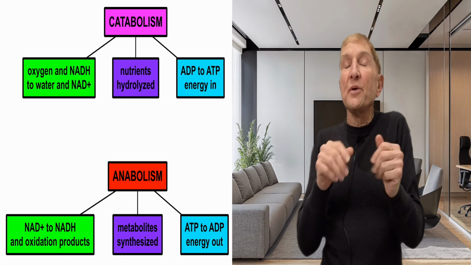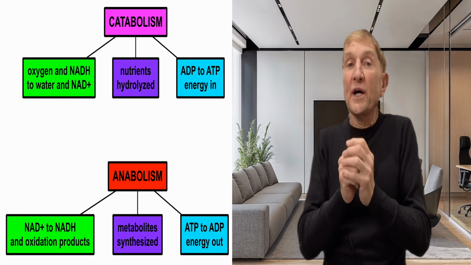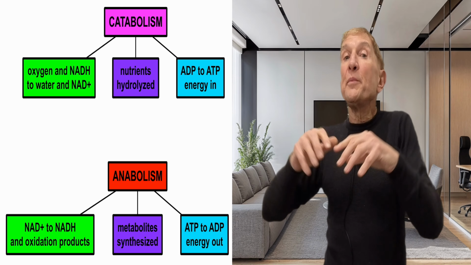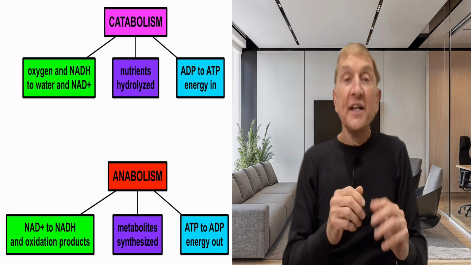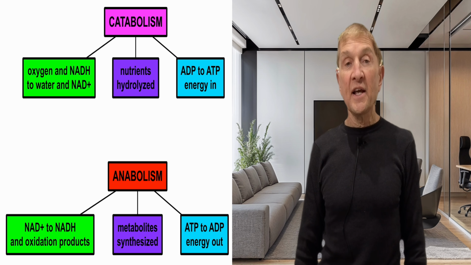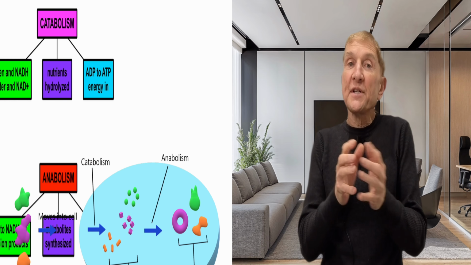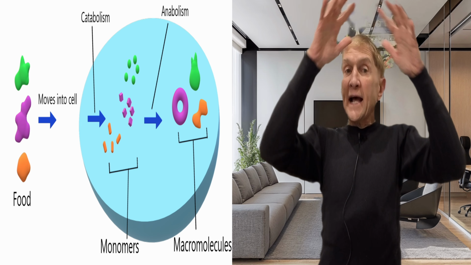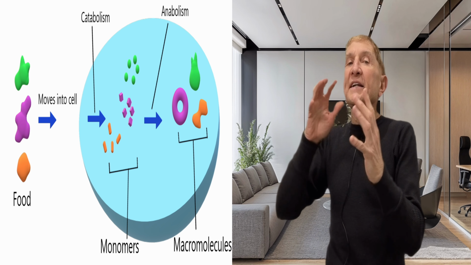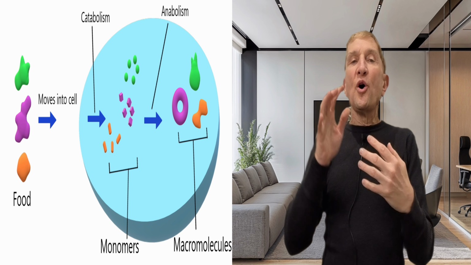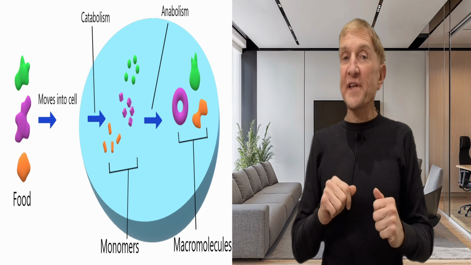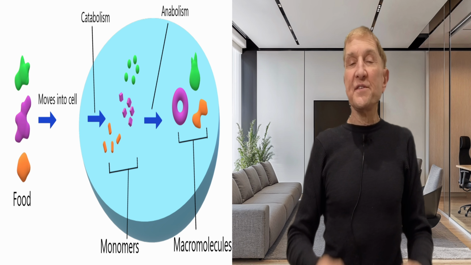Once these simpler materials like acetyl-CoA are generated, they can be reconstructed into things the cell needs, and that is anabolism. So metabolism then is first of all catabolism of food and anabolism of constituents of the cell, things that the cell needs to live.